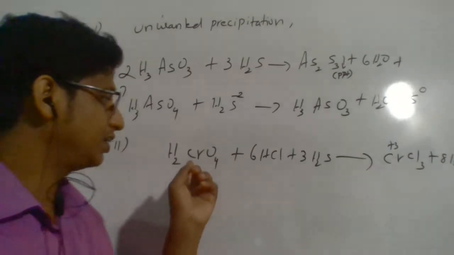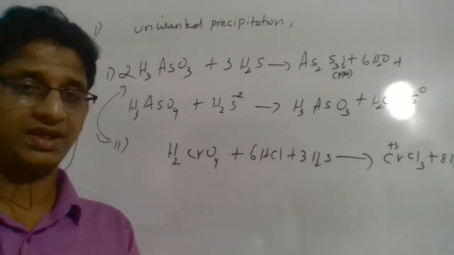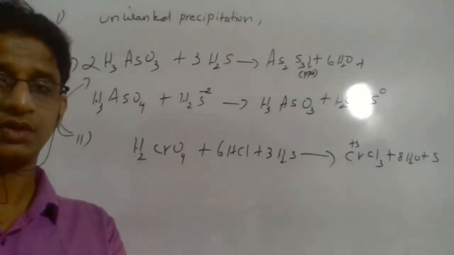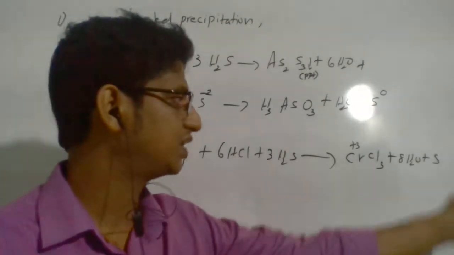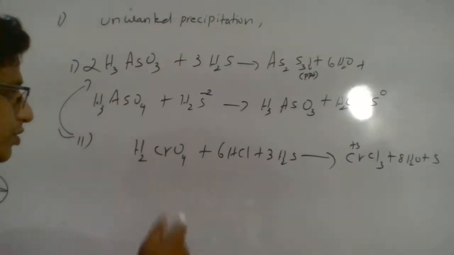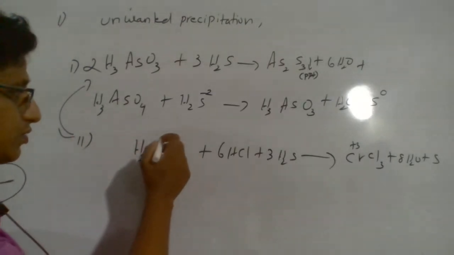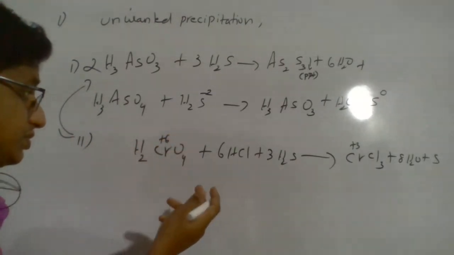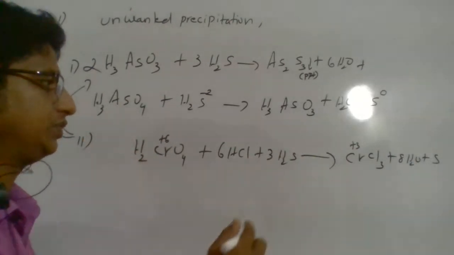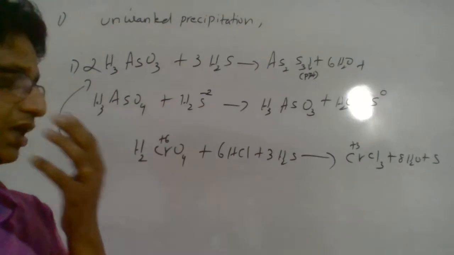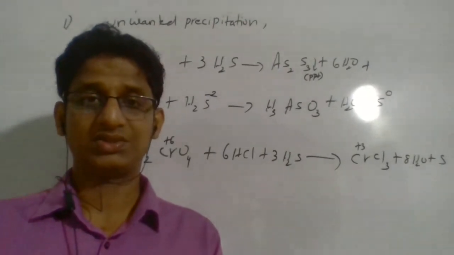So what is the chromate doing? Chromate is actually converting the hydrogen sulfide to sulfur. At the same time, in which oxidation state is chromium here? Here chromium is in the +6 oxidation state, right? So chromium is reduced from +6 to +3. So this is how it causes its interference.